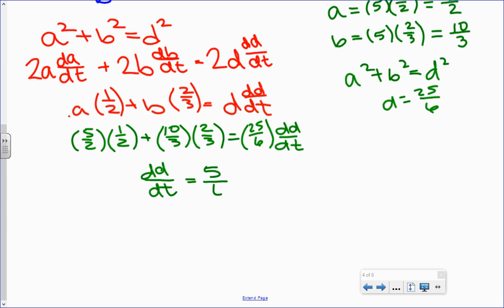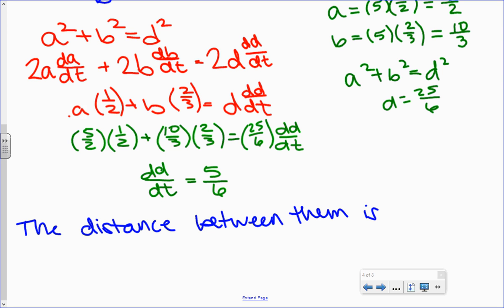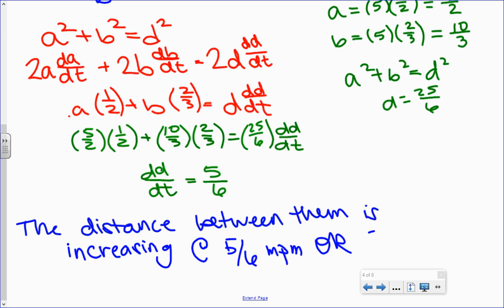It's 5/6. So the distance between them is increasing or decreasing? Increasing, because we have a positive rate at 5/6 miles per minute, or 50 miles per hour, if you go ahead and change that back to miles per hour if you wanted to.